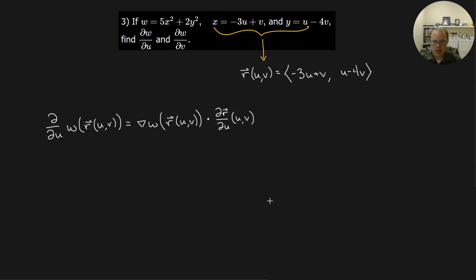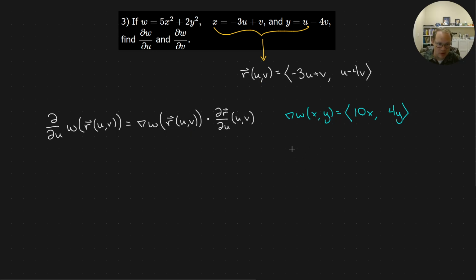Okay? All right, so let's take the gradient first. Gradient of w. If I just take the gradient, partial derivative with respect to x is 10x. Right? Partial derivative with respect to y is 4y. And so the gradient is just the vector of those partial derivatives. Okay? Now I want that gradient evaluated along the vector valued function.